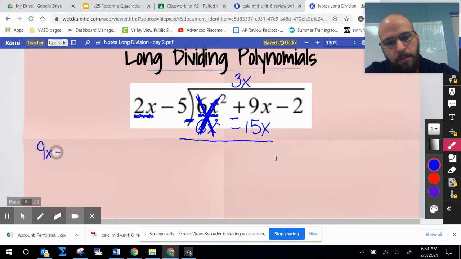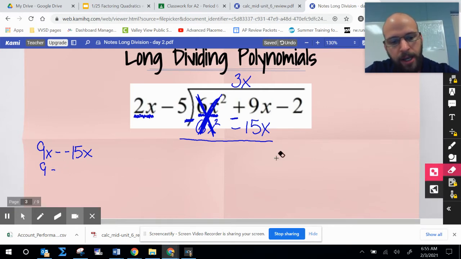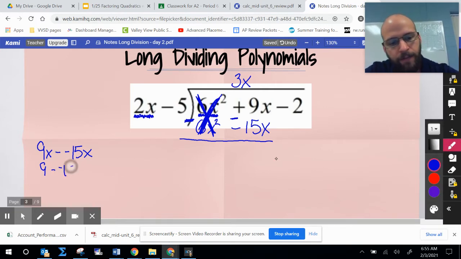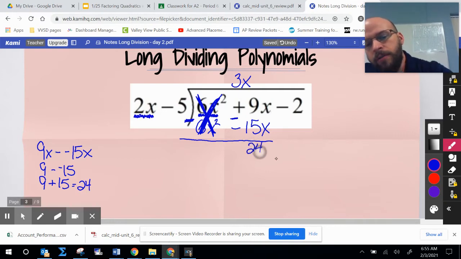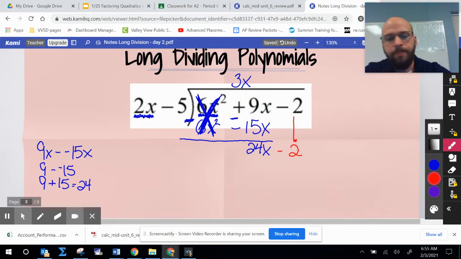I just want to subtract the numbers in front. 9 minus a negative 15: anytime you have a minus and a negative right next to each other, that is going to be a plus 15, which gives me 24. So I have a 24x, and then my next step is going to bring down the next term.